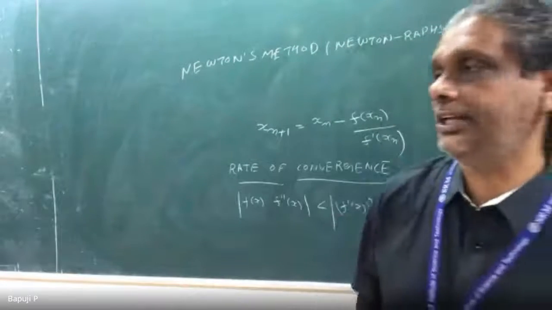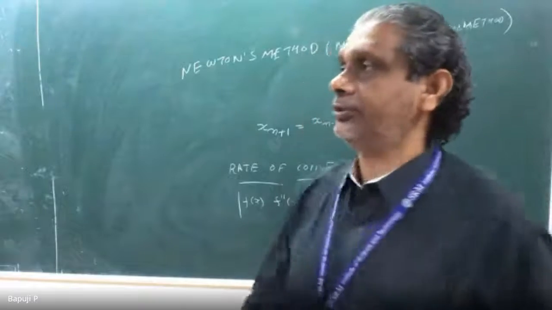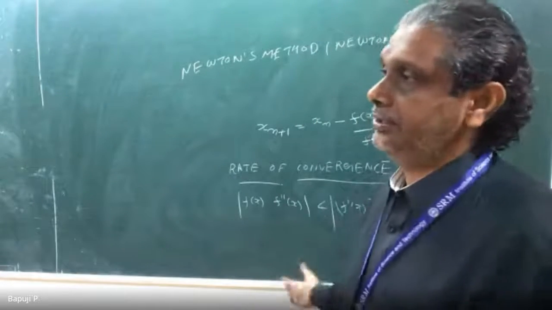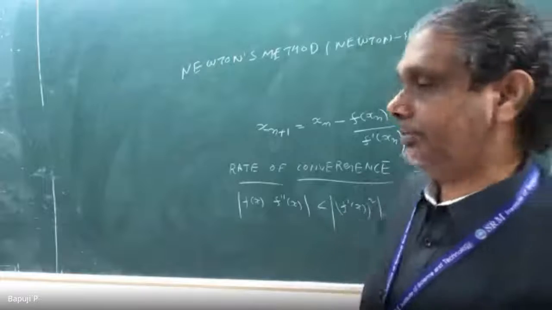The condition for the convergence, they may ask as a 1 mark question. What is the condition for the convergence of the Newton-Raphson method? This you can remember, note down.